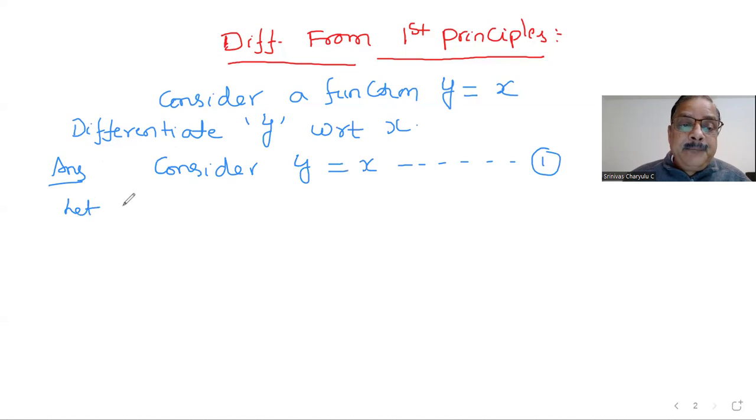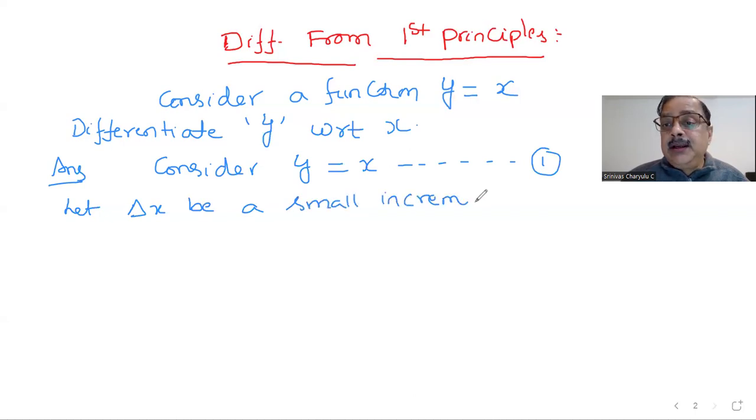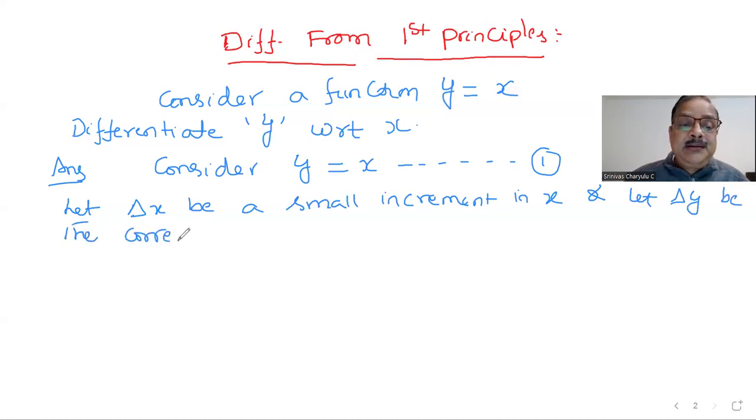What is the fundamental of our differentiation? For a small change in the independent variable, we are supposed to measure the change in the output variable. Let delta x be a small increment in x, and let delta y be the corresponding change in y.